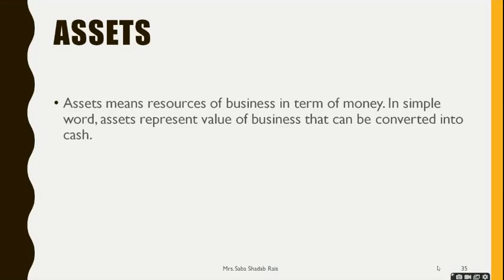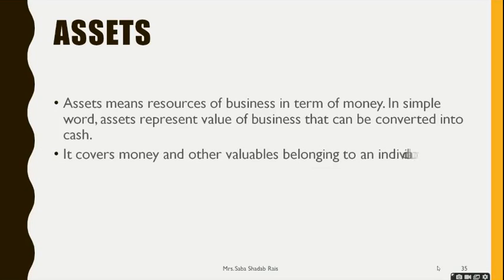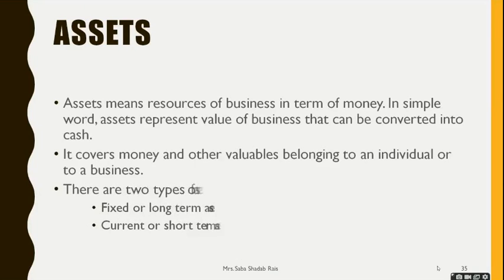Whatever things you have, if you can sell them and get money, you will call them assets, meaning things that can be converted into money. It covers money and other valuable belongings of an individual or a business. When we talk about the types of assets, there are two types: fixed assets, which are also called long-term assets, and current assets, which are also called short-term assets.